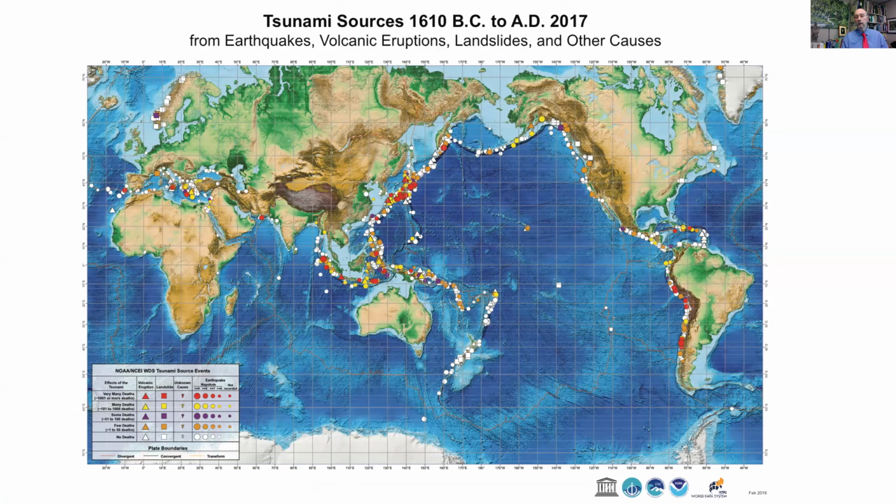They are present everywhere in the world, South America, Caribbean, in the Mediterranean, and of course in the Western Pacific. And we still have a long way to go to understand all of the mechanics that generate these strong tsunamis.